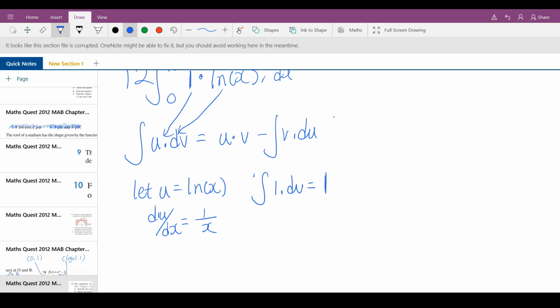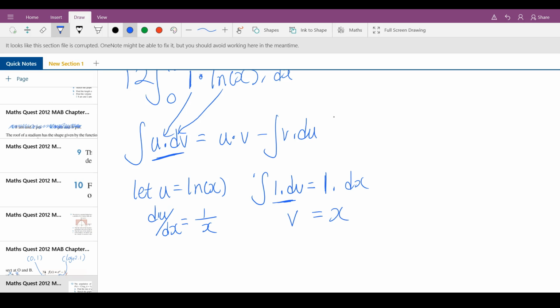Once you take the u out, that's what is left in there. So now you're integrating 1 with respect to v, you get v. And you integrating 1 with respect to x, you get x.